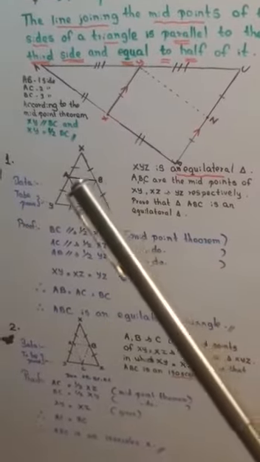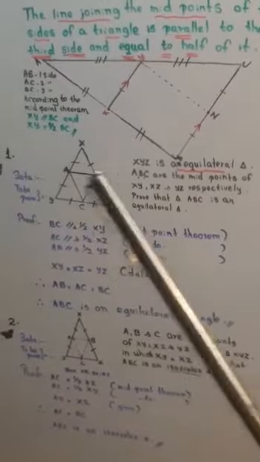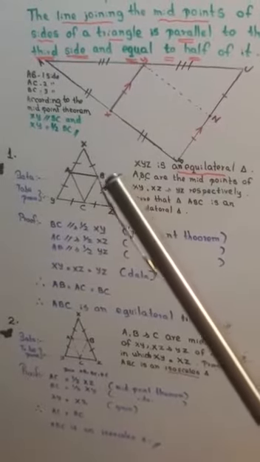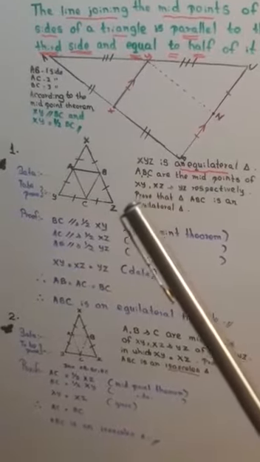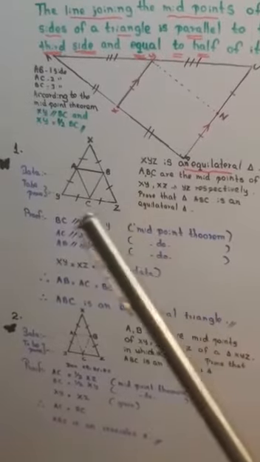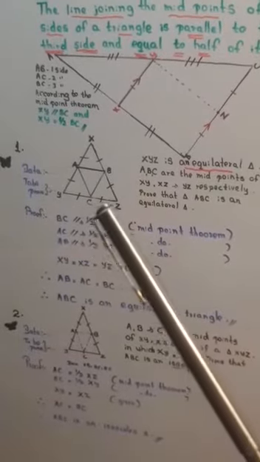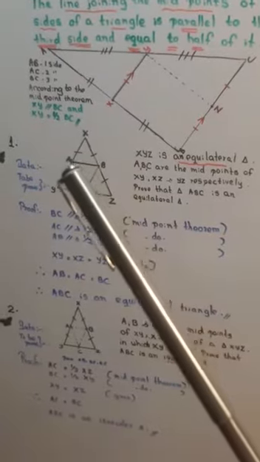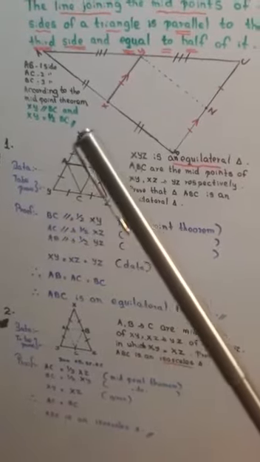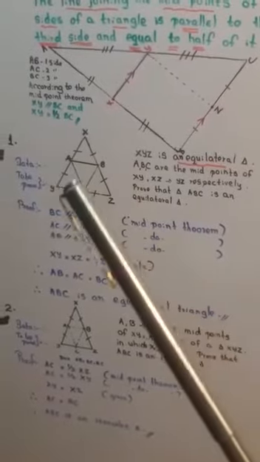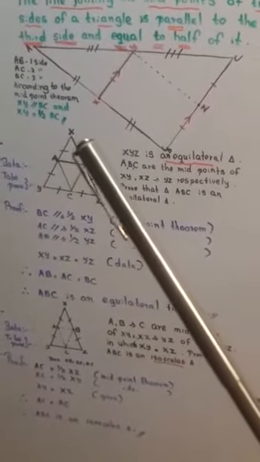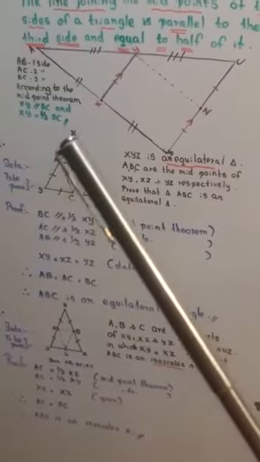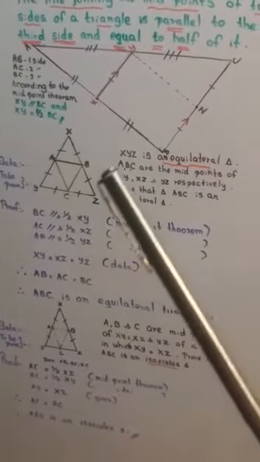So A, B and C are midpoints now. So XB equals BZ, YC equals CZ and also XA equals AY. All these lengths are equal when we divide them into two parts also, because this is an equilateral triangle.